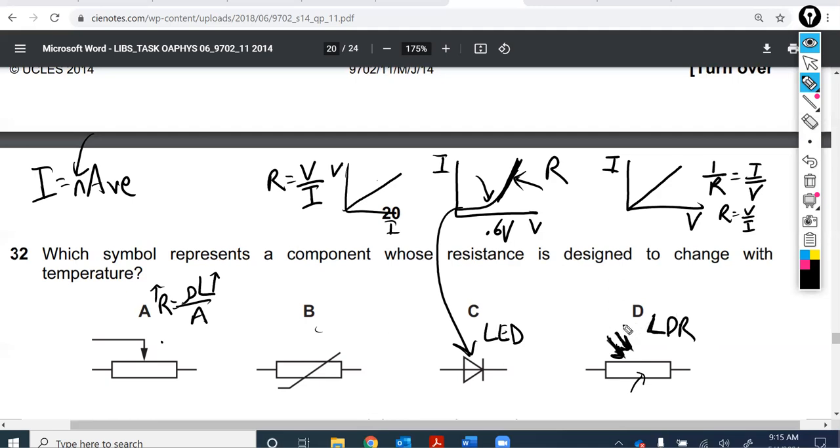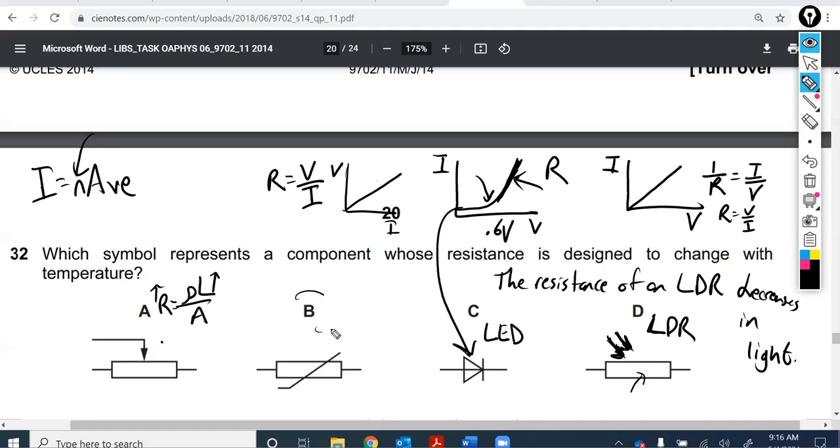You might want to actually write it down in your notebook. The resistance of an LDR decreases in light. When light is incident upon the light-dependent resistor, the resistance goes down or decreases.